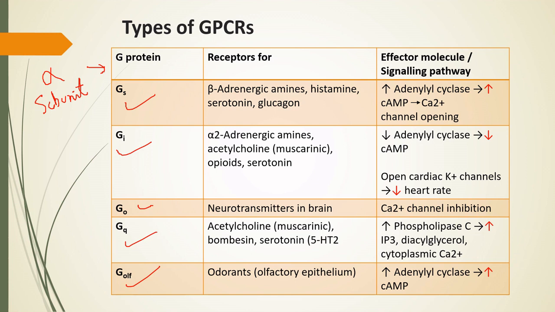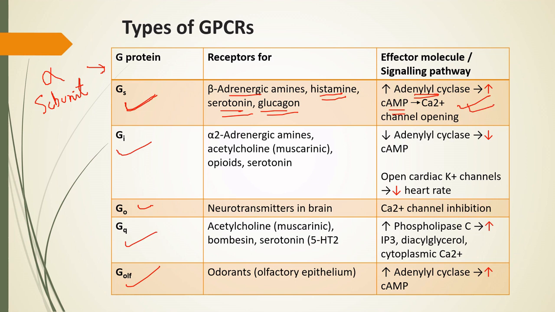Suppose it is of a Gs kind of protein, as is found with the beta adrenergic amines, histamines, serotonin and glucagon, for them adenylyl cyclase will be activated. Once adenylyl cyclase is activated, there will be an increase in the level of cyclic AMP. This increase in cyclic AMP is going to increase the calcium channel opening.